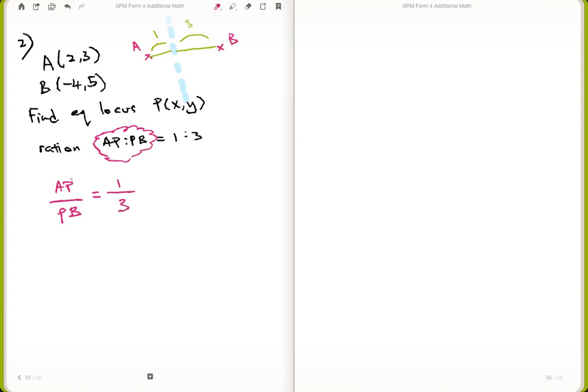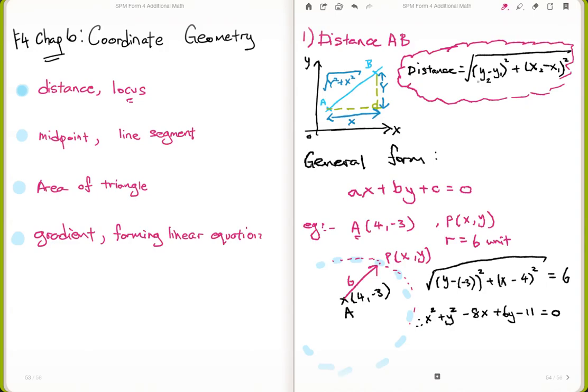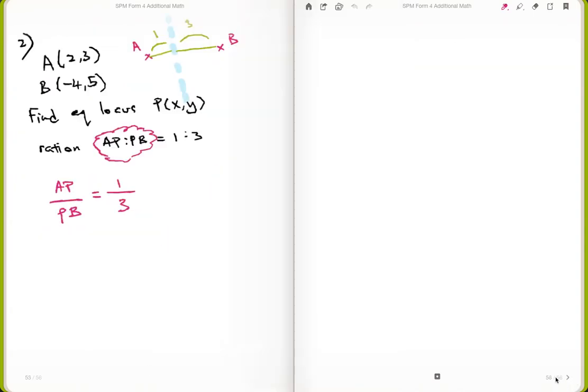So all you need to do is to find what's the distance A to P, and to find the distance A to P, equate it, and you should solve it by making use of the previous equation here. By making use of this equation, you should solve this kind of question, and eventually you get the equation of Locus.